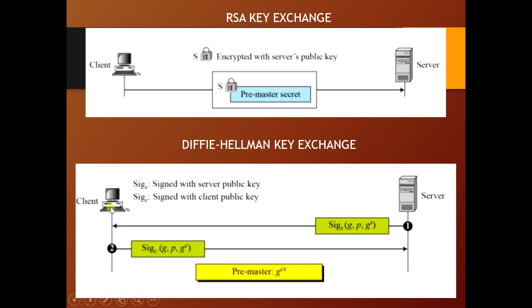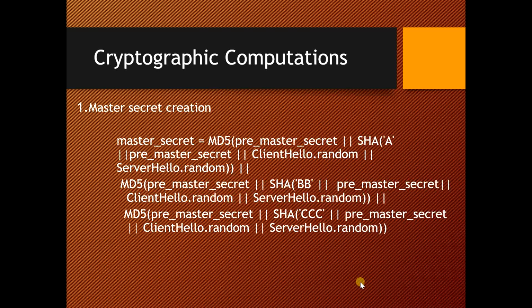Both sides, the client and the server, will now compute the master secret. For the computation we make use of the code specified here: master_secret equals MD5(pre_master_secret + SHA('A' + pre_master_secret + ClientHello.random + ServerHello.random)) concatenated with MD5(pre_master_secret + SHA('BB' + pre_master_secret + ClientHello.random + ServerHello.random)) and in a similar manner MD5 again.